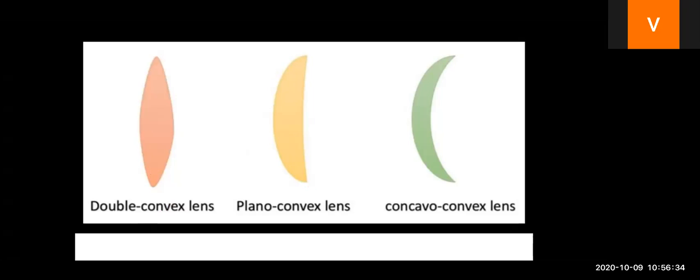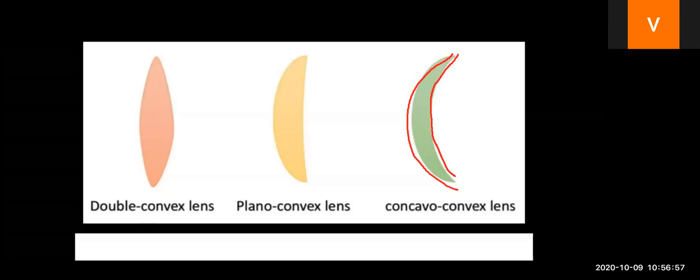Right, children? Now, if we move towards the third type of convex lens, then you will see that here this surface is, sorry, this is convex, right? But this surface is concave, right?